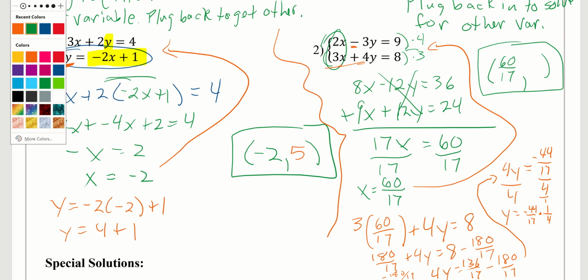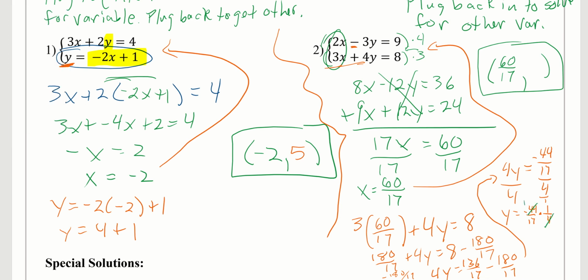So 4 goes into 44 11 times. So that makes my calculation a lot easier. So what I end up with is negative 11 over 17. Okay. Really hard to graph that one. But that's the coordinate point where those two lines intersect each other.